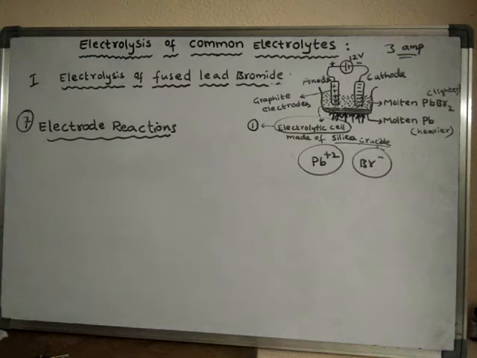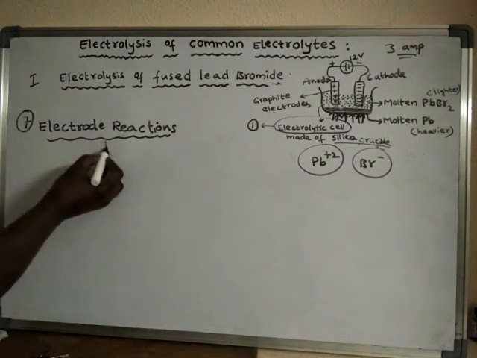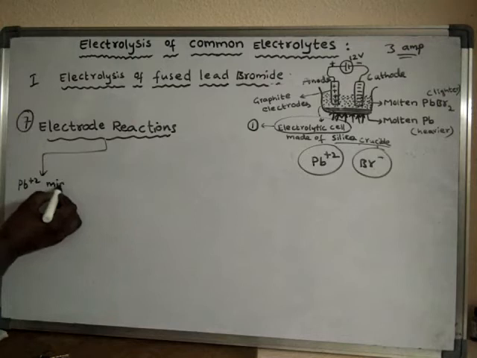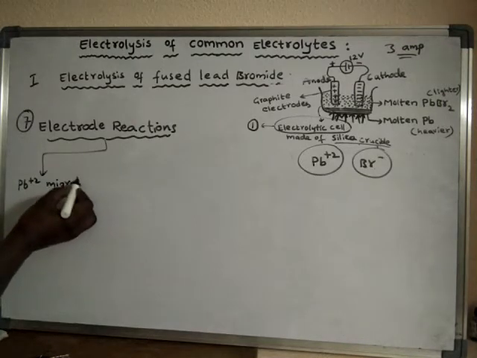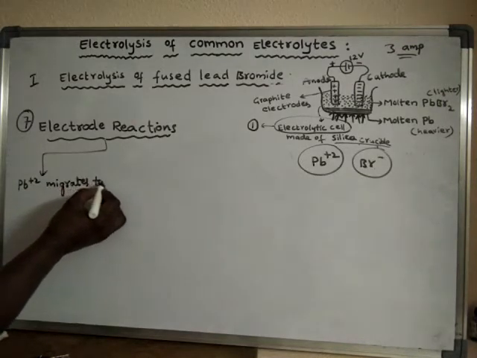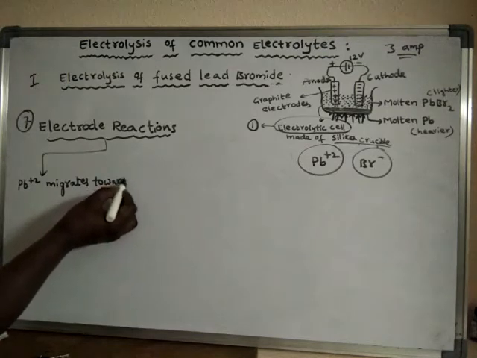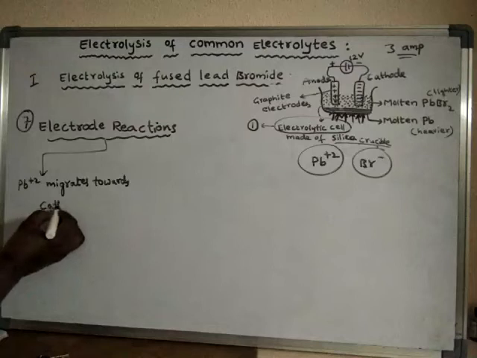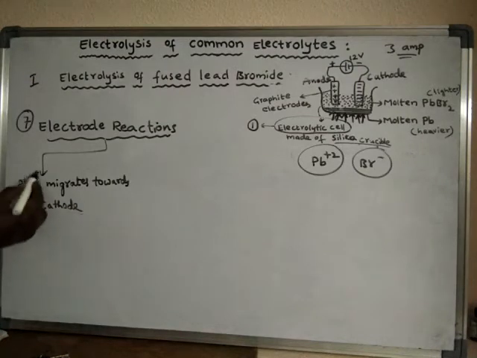So here, electrode reactions, generally we can say like this. Lead Pb2+ migrates towards the cathode, because this is a cation.